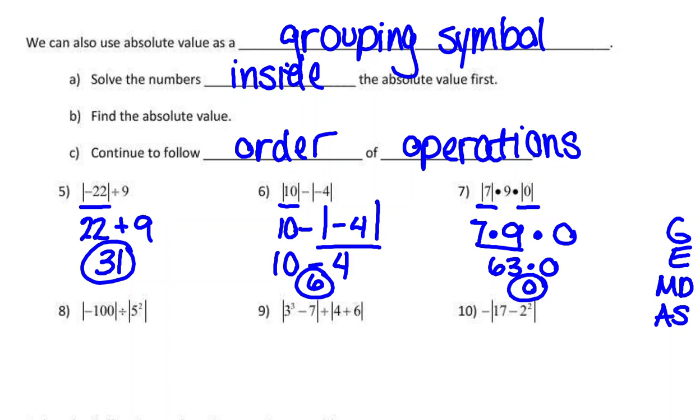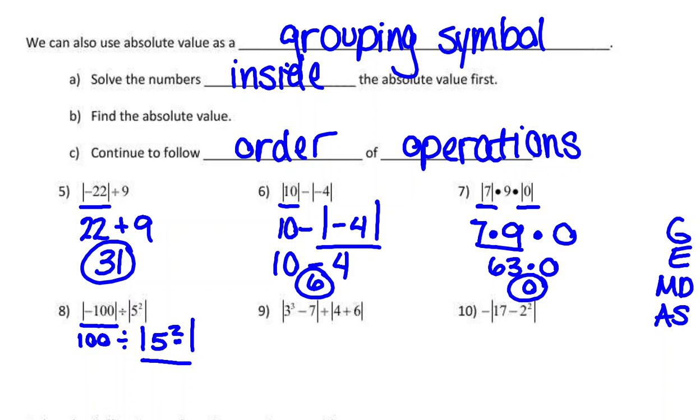So if I look at number 8, absolute value is considered a grouping symbol. So I'm going to solve this guy first. The absolute value of 100 is 100 divided by the absolute value of 5 to the second power. I still have a grouping, so I need to solve this grouping symbol next. But before I can solve that grouping, I have an exponent here, 5 to the second power.